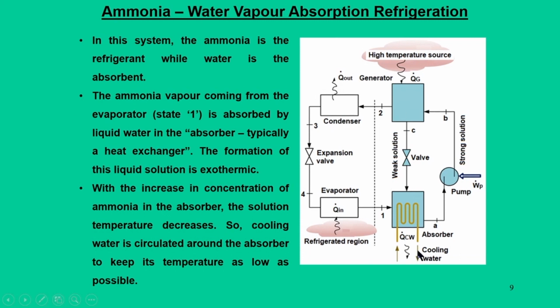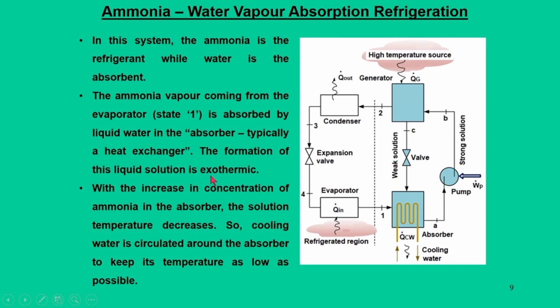If you look at this figure, there are 4 important units: condenser, generator, absorber and evaporator. The ammonia vapor which comes out from the evaporator, at state 1, is absorbed by the liquid water in the absorber, which is nothing but a heat exchanger. Because of this we get a liquid solution.